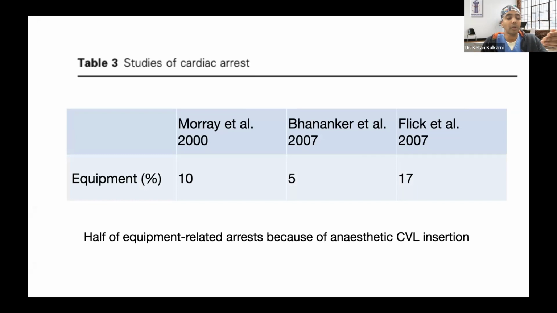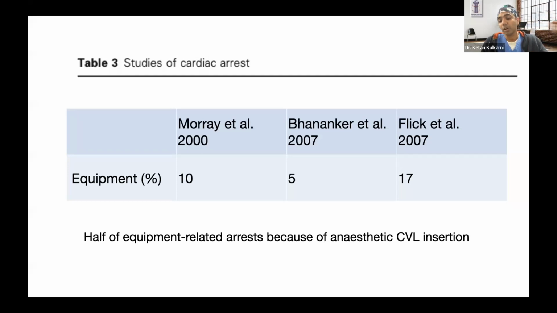They found that almost 2.5% to 9% of the cardiac arrests are during anesthetic central venous line insertion, which is, I think, a significant number. These complications are not because of distant problems like sepsis or septicemia. They are because of on-the-spot acute problems, maybe hemothorax, pneumothorax, all the immediate complications.